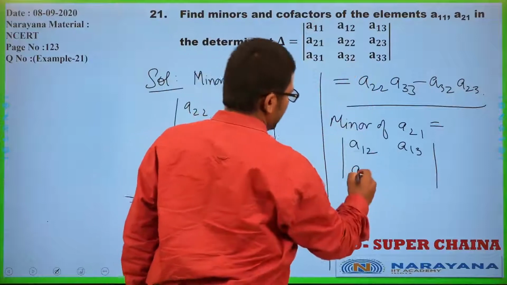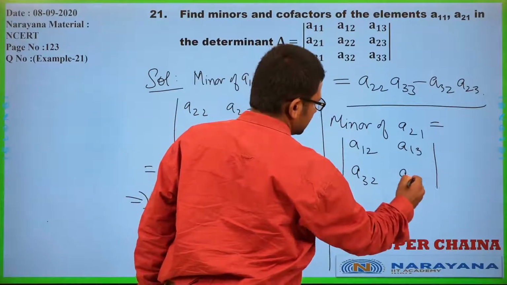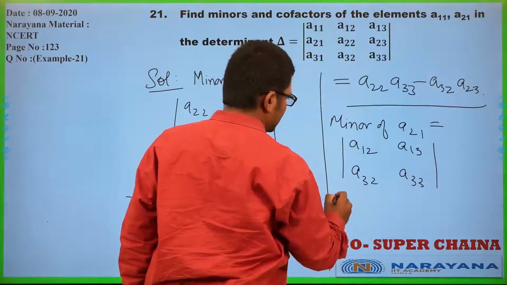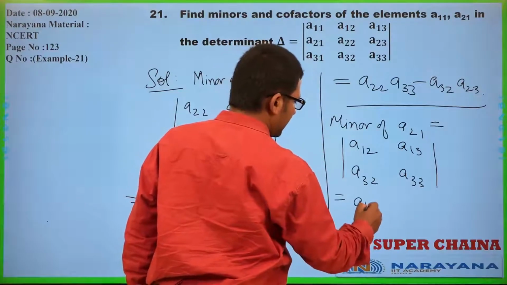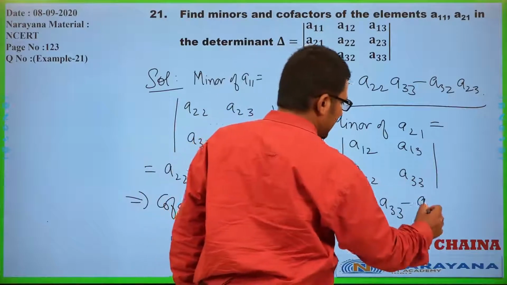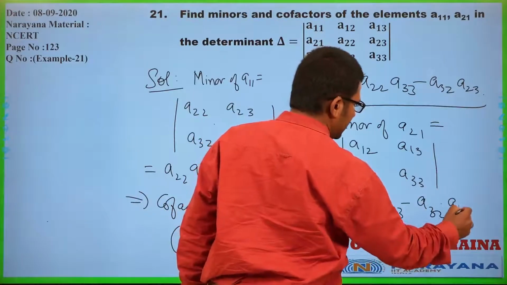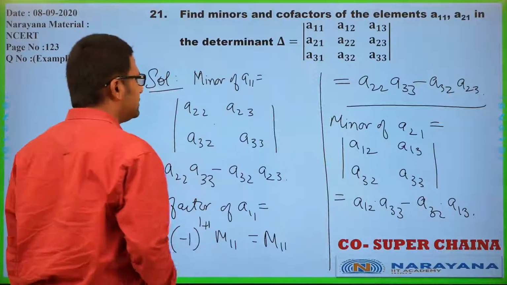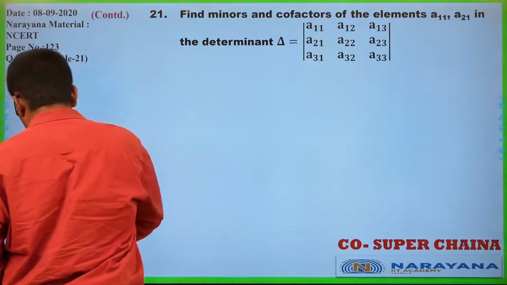So A32 and A33. How much would that be? A12 into A33 minus A32 into A13. Correct? So, that is the minor.